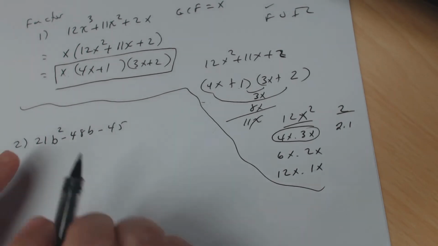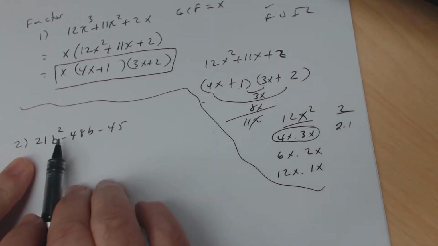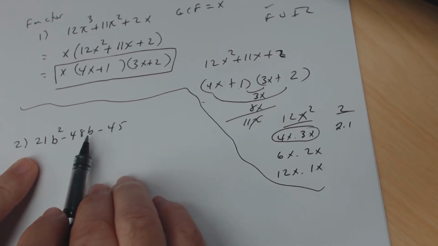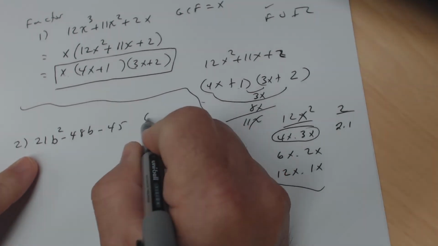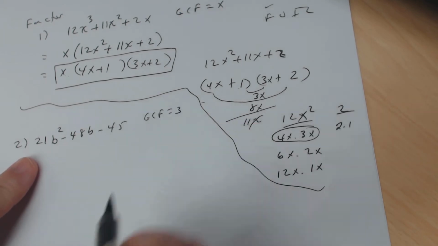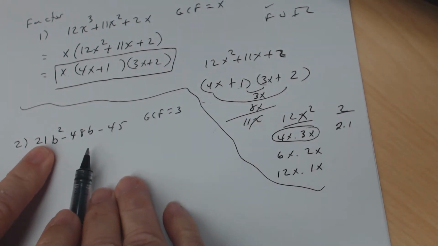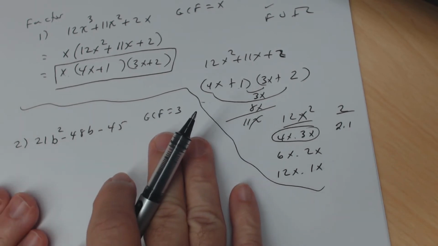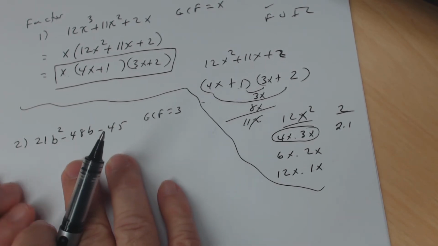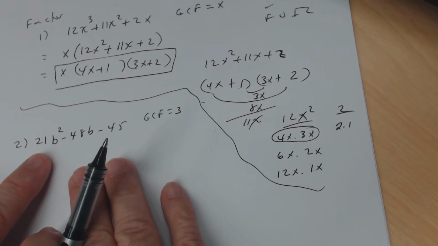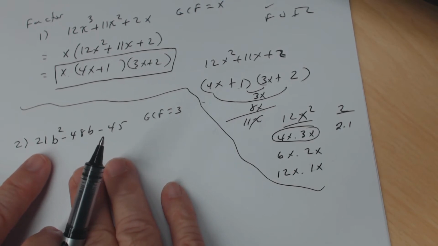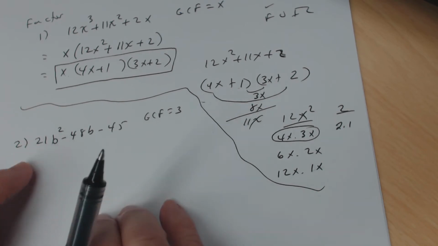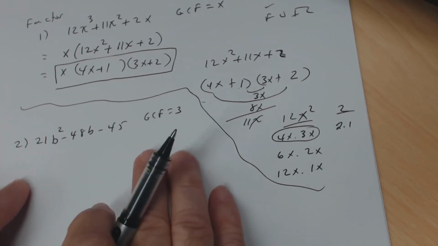In this case, the GCF is going to be 3. No variable, because this term has b's, this term has b, but this one doesn't, so you're not going to pull out any b's. But the GCF is 3 because the largest factor that goes into 21, 48, and 45 is 3. So I'm going to factor out a 3.